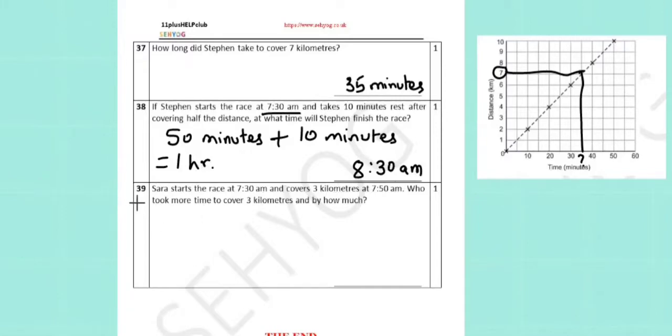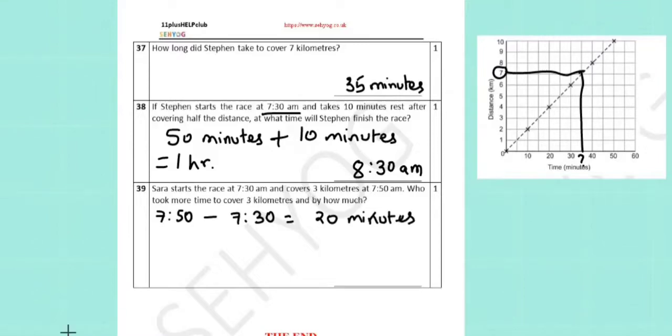In question number 39, Sarah starts at 7:30 am and covers 3 kilometers at 7:50 am. So, if we subtract 7 hours 30 minutes from 7 hours 50 minutes, we get the duration, that is 20 minutes taken by Sarah to cover 3 kilometers.